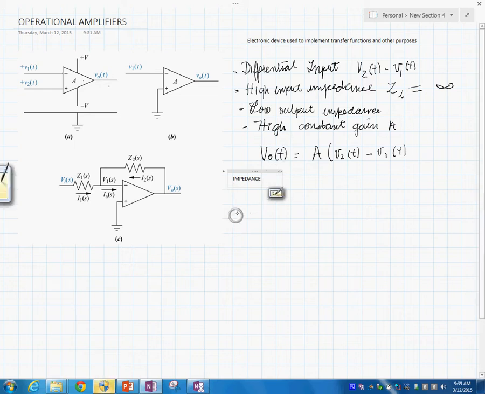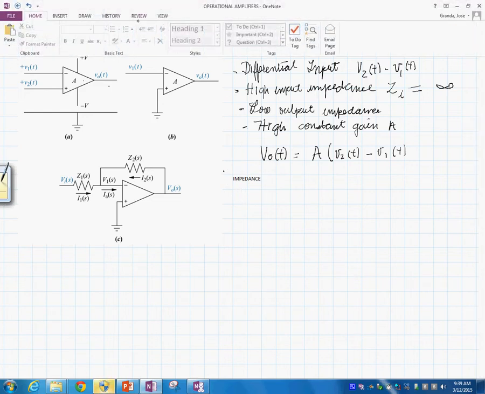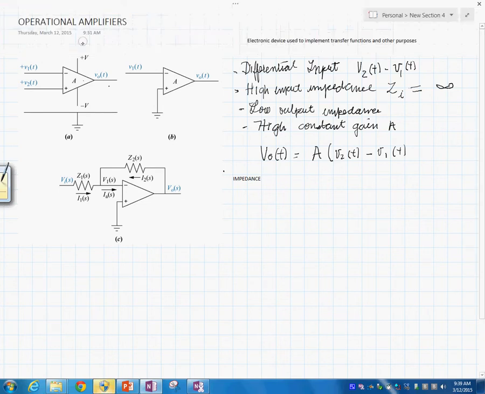Instead of impedance, the word resistance may actually work too, because for a resistor, you have the current I, and then you write that the voltage across the resistor is equal to the current times the resistance, right?